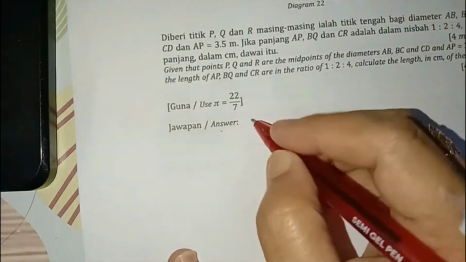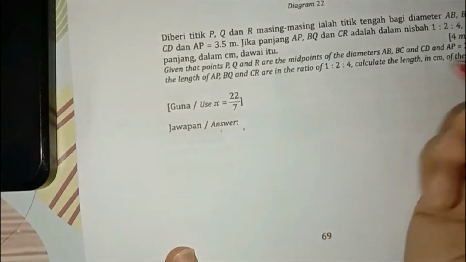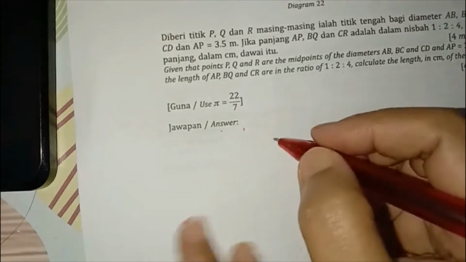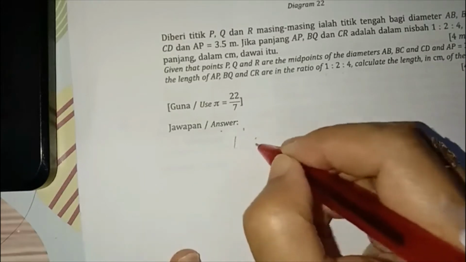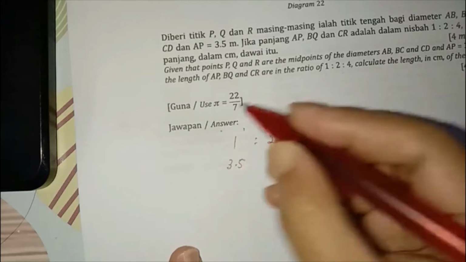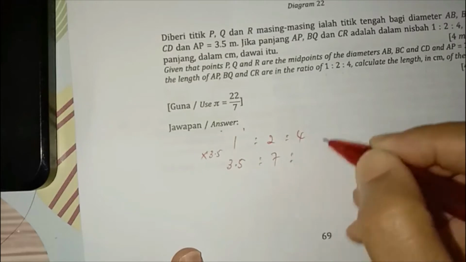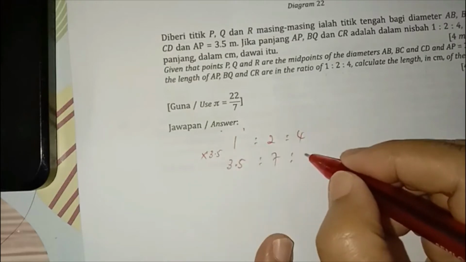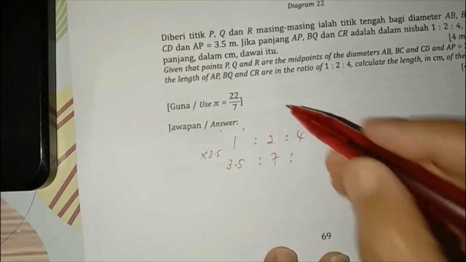Okay, so given, we have circles PQR. Okay, so 1, 2, 4. Here is 3.5, meaning multiply 3.5. 2 times 3.5 is 7, 4 times 3.5, so we get 14.